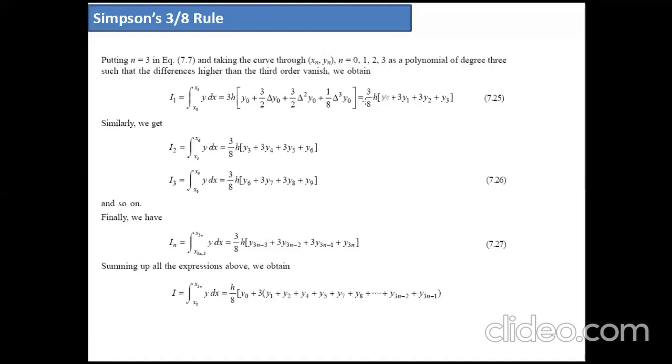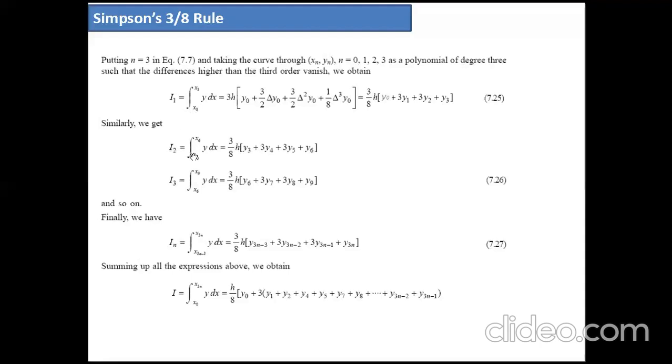Now you can see the order here: the lower limit was x0, so here is y0, and then y1, y2 and y3. The upper limit is x3, so the last term is y3. Similarly, you can write the second integral from the first integral.